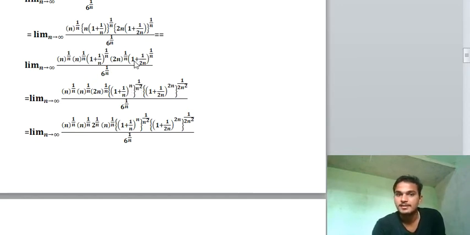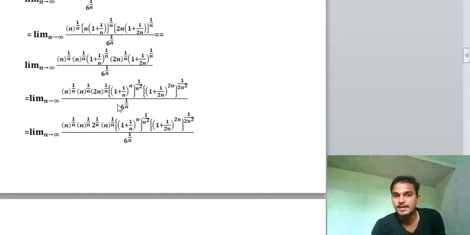Similarly this is (1 plus 1 by 2n) to the power 1 by n, which we can write as ((1 plus 1 by 2n) to the power 2n) to the power 1 by 2n square, because when we multiply 2n with 1 by 2n square, we get 1 by n.